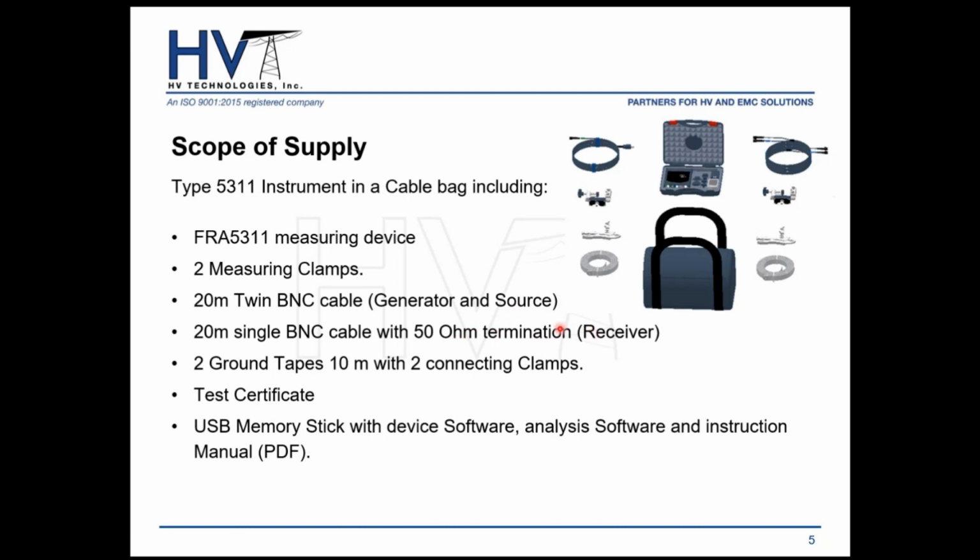You'll also be supplied with 2 ground tapes, each 10 meters with the connecting clamps, which are basically like a vice grip plier that you see in a couple slides. You also get obviously a test certificate that it's been properly calibrated from factory, and as I mentioned, the USB memory stick with your device software, analysis software, and your PDF version of the manual.